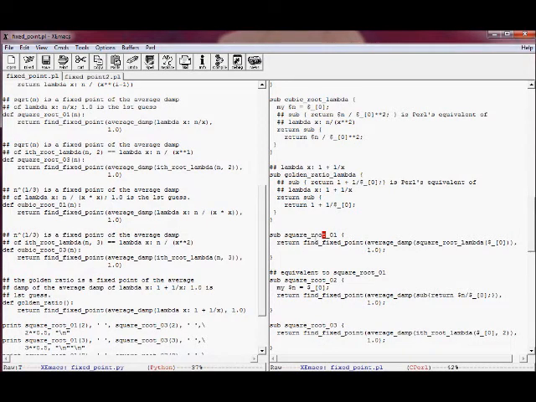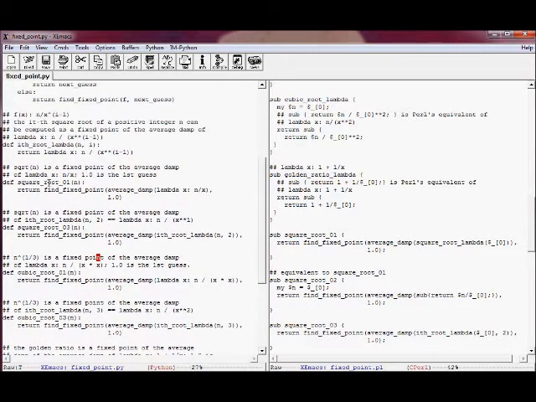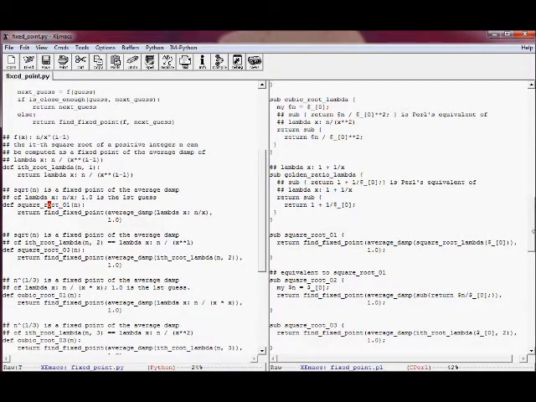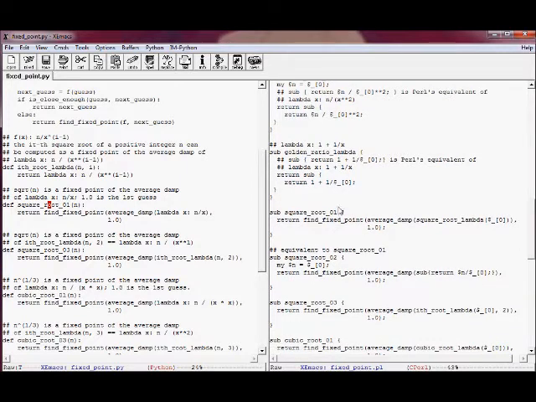Okay, back to Python. Just trying to align the code. Now we can start approximating. This is our first approximation function that approximates the square root of n, and this is the equivalent in Perl.